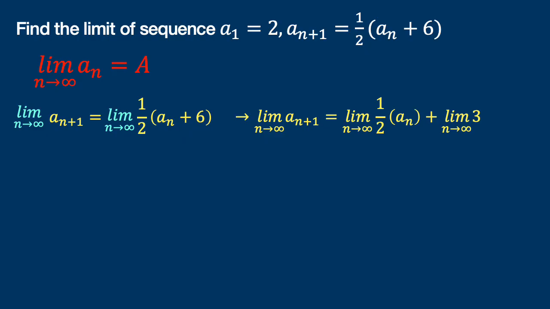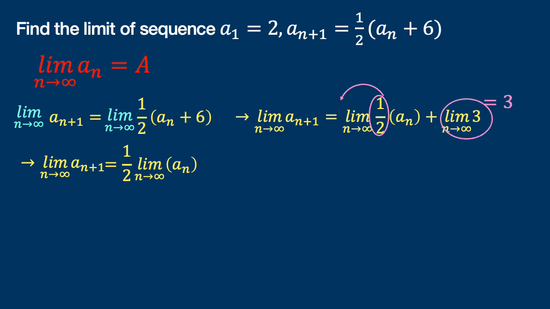That's going to be the limit of 1 over 2 a_n plus 1 over 2 times 6, that's 3. Now, take the 1 over 2 out in front of the limit, guys. That's 1 over 2 times the limit as n approaches infinity of a_n. What is the limit of a constant? That's going to be 3 itself, guys. Doesn't change anything.